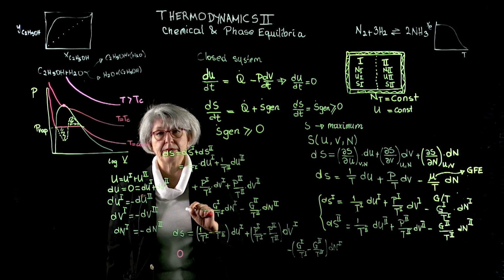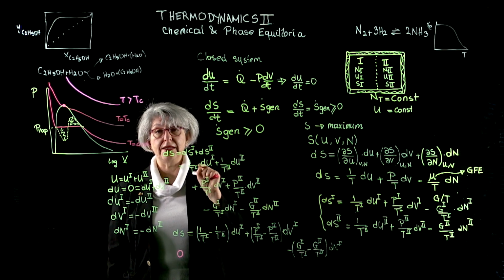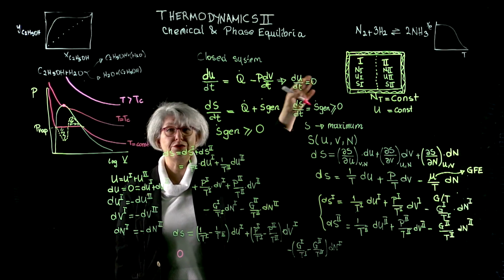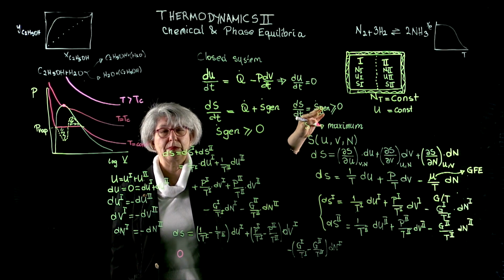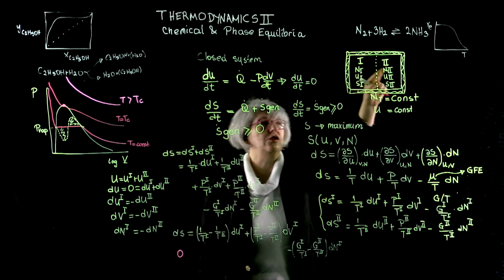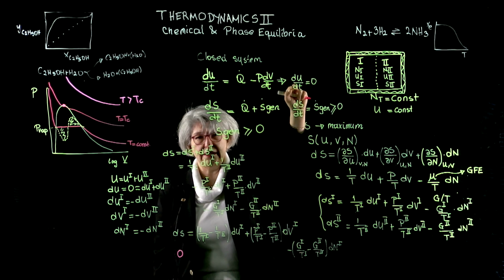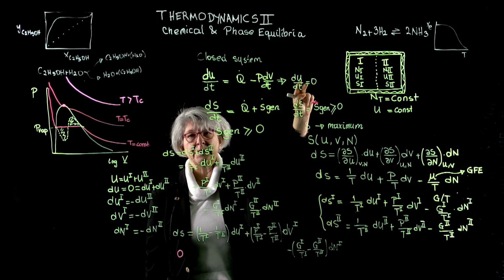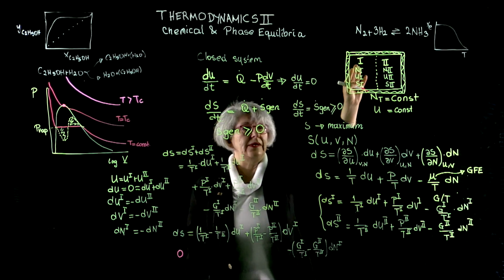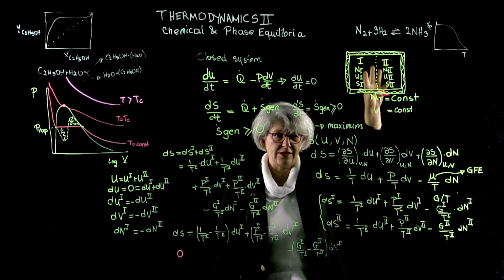We know that at equilibrium, molecules still move around. This molecule goes here, that molecule comes here. Equilibrium is not a complete stationary state.